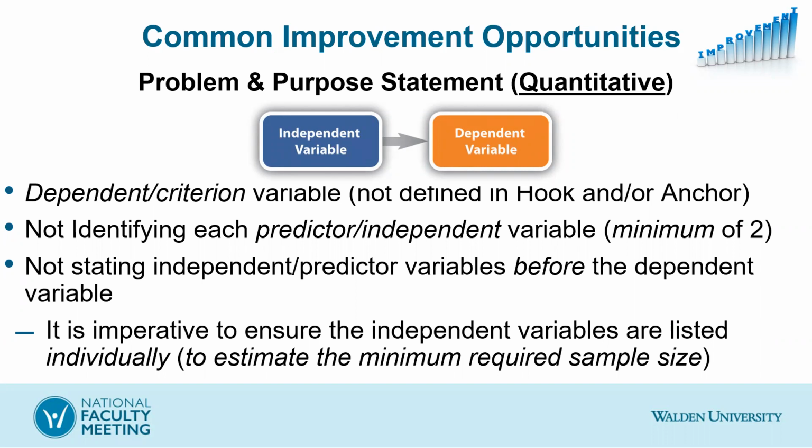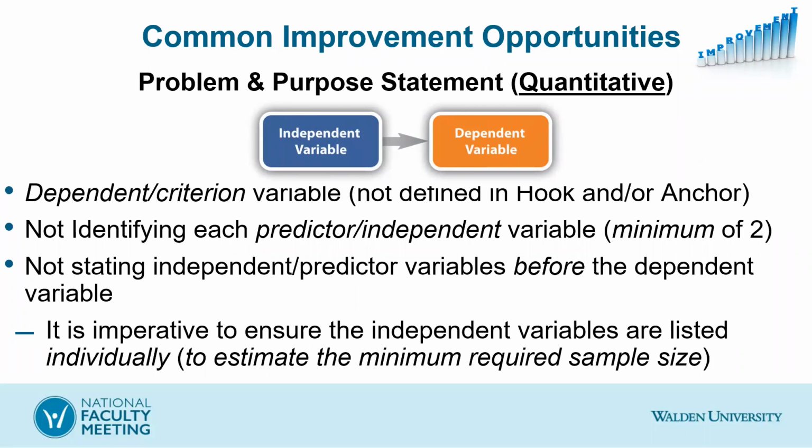And that's one of the common mistakes that we see there. Bullet 2, not identifying each predictor independent variable. In the DBA program, we need a minimum of 2 predictor variables. We should have 2 or more. One does not meet the DBA requirement.